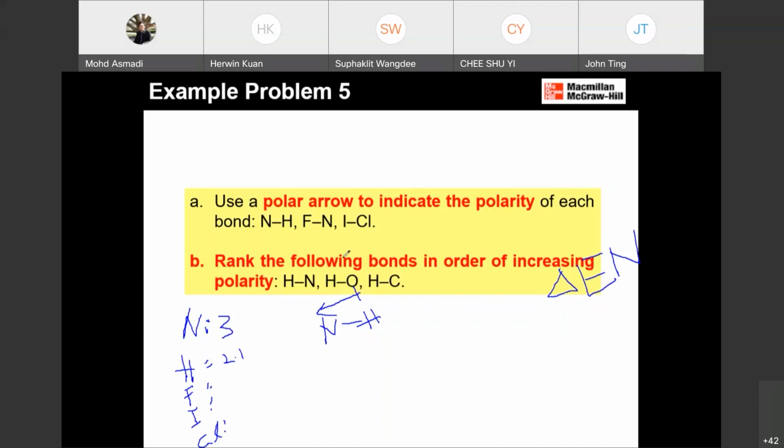How about other students? Polarity HC, HN, HO. Okay. How about what is the justification?